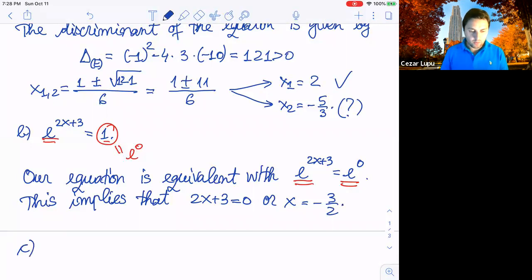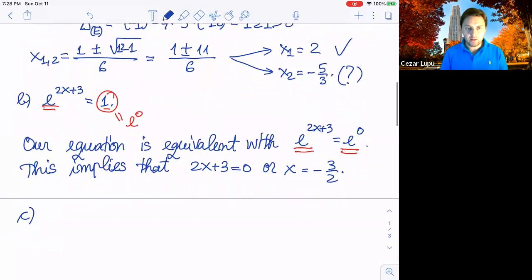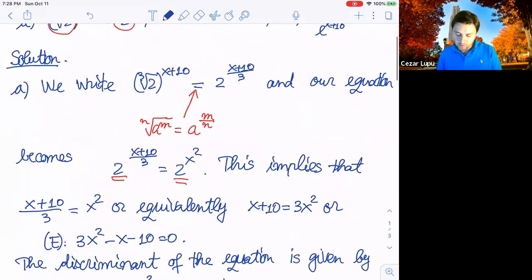And now the last one is pretty similar, but here we have to do some kind of an operation. So let's write this expression. We write e to the power x squared over e to the power x plus 6. I believe that was it, right? Let me look.